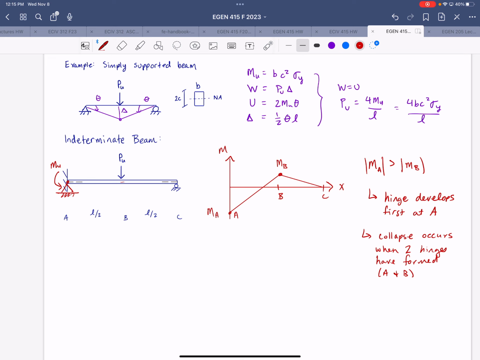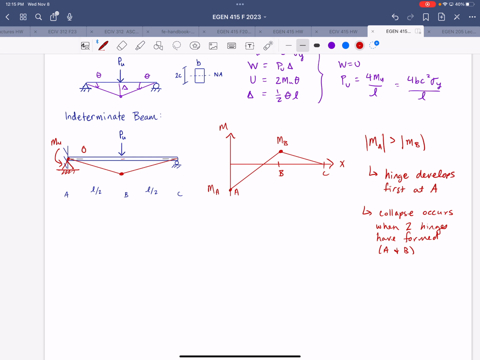And then you keep increasing the load until the moment at B also reaches the ultimate moment. Until that point, it's going to behave as a simply supported beam. Once the hinge has formed at point B, then you have your collapse mechanism, and it will look something like this.